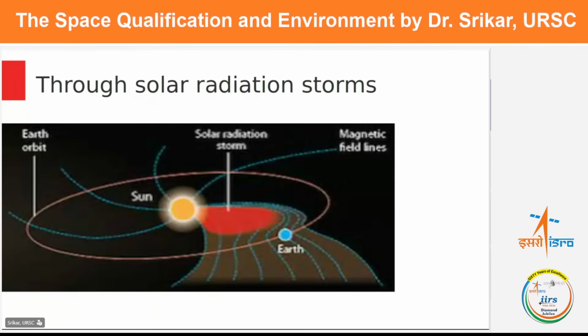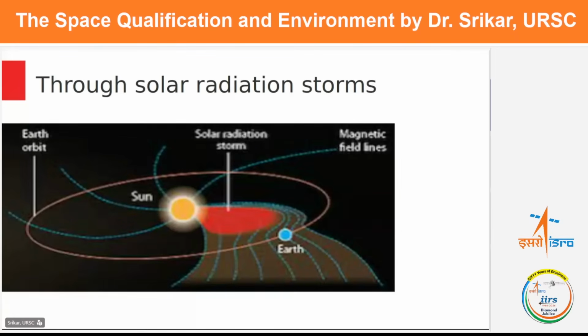And then as part of the solar flares and solar coronal mass ejections, what we can also expect is solar radiation storms. Apologies for this picture not being so clear, but what I wanted to depict from it is a huge plasma energized particulate population. Now it is no longer just plasma; it is accelerated towards very high energies, kilo electron volts and even mega electron volts, and at times up to giga electron volts.